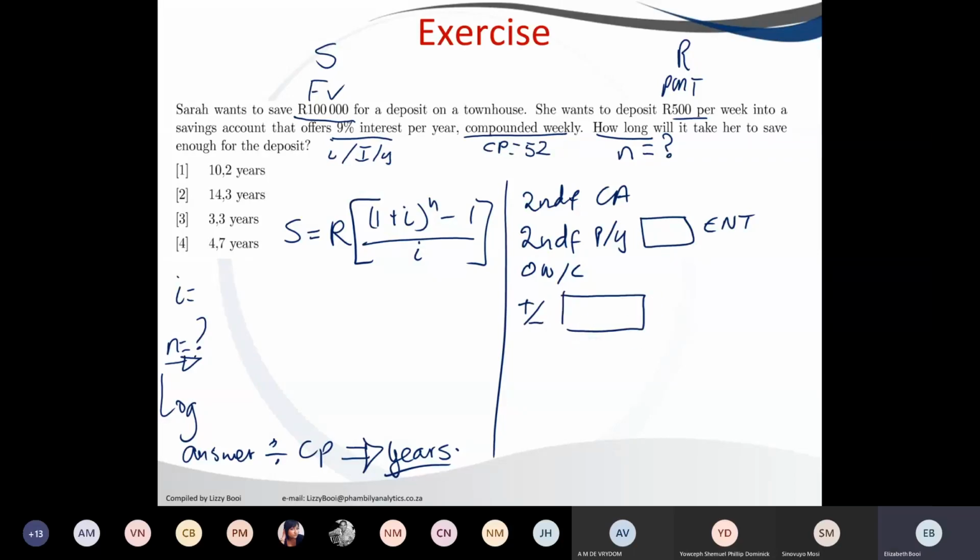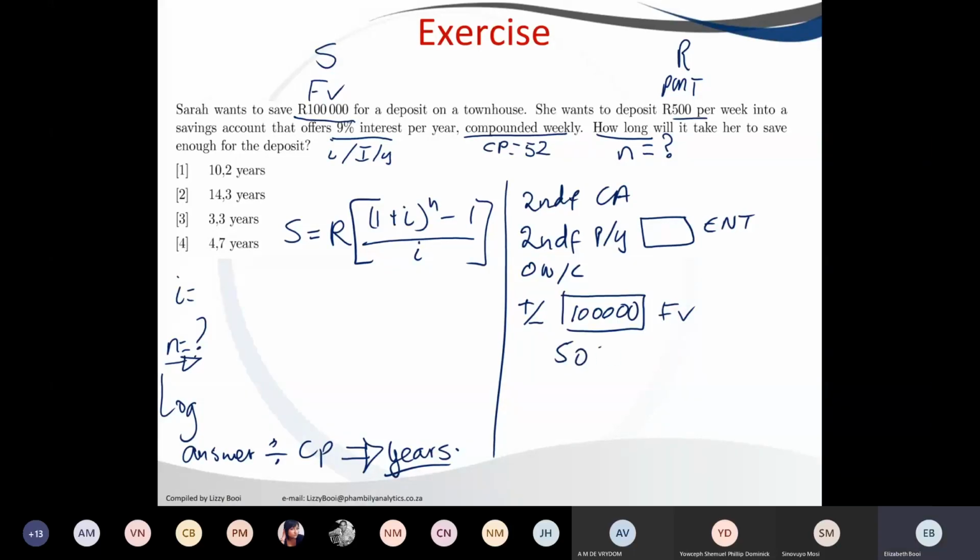Now, since you have your present value and your payment, only one of them needs to have a plus or minus in front. You can choose, it can be in front of the payment or it can be in front of the future value. It doesn't really matter which one you choose, as long as at least one of them has a plus or minus in front. So let's say our plus or minus is on our future value, which is 100,000, and this is our FV, and then you press 500.